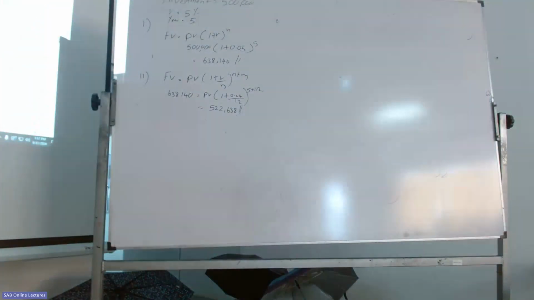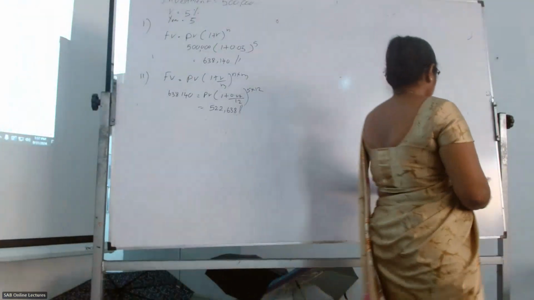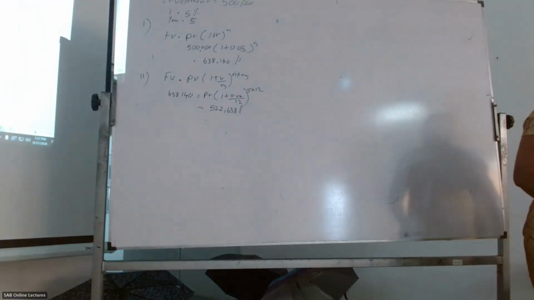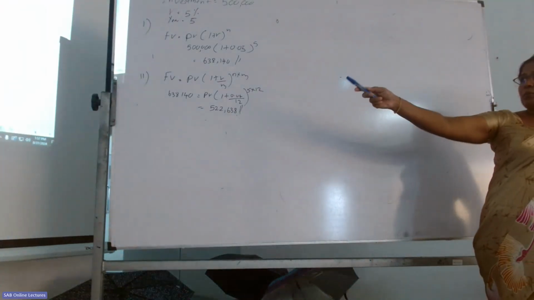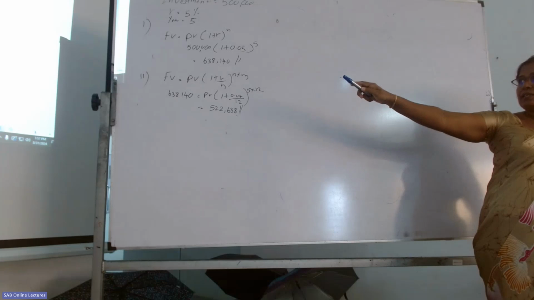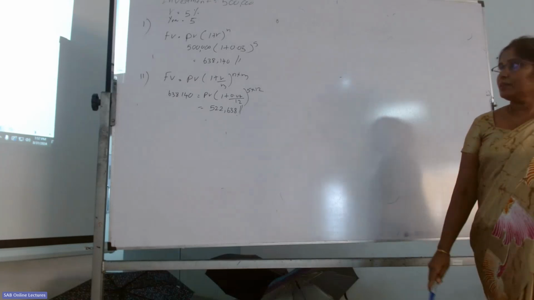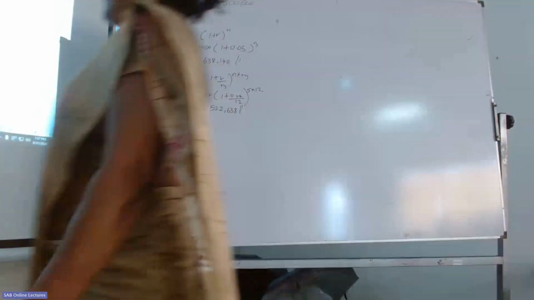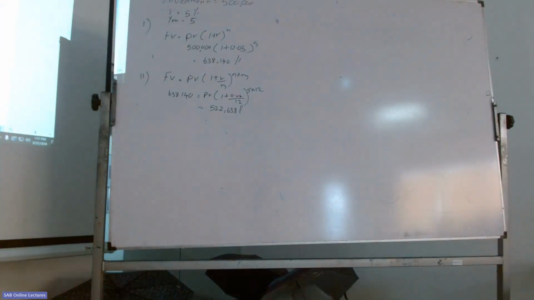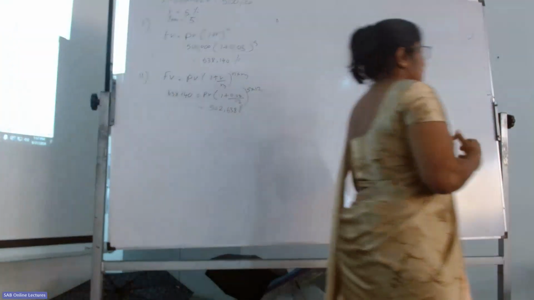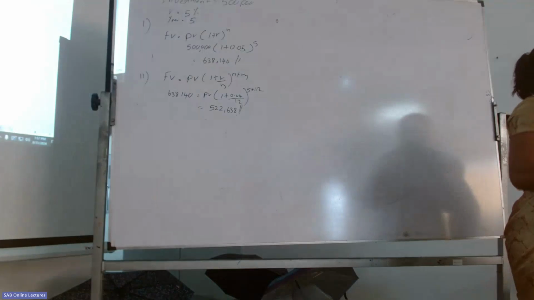Right, so part 3. The 4% compounded monthly is not relevant here. So what you have to do is calculate the nominal rate of indifference between these two companies.